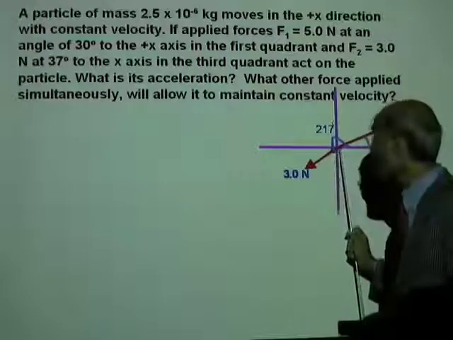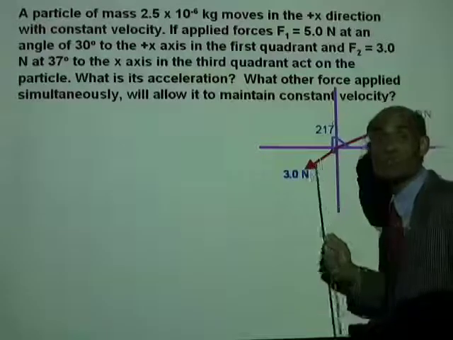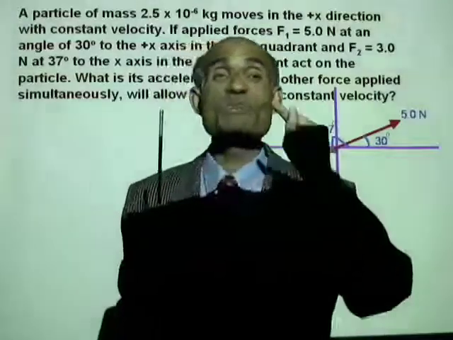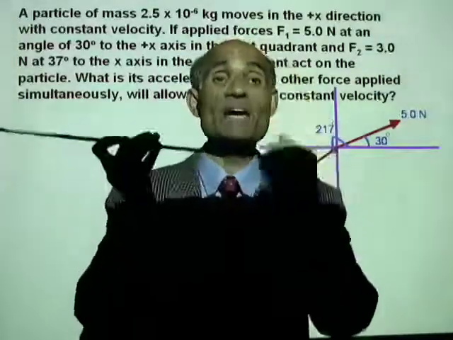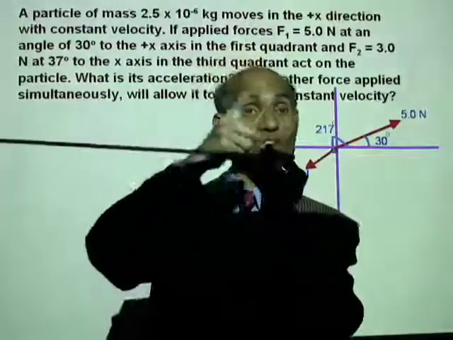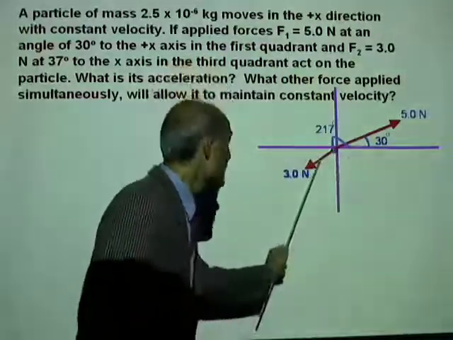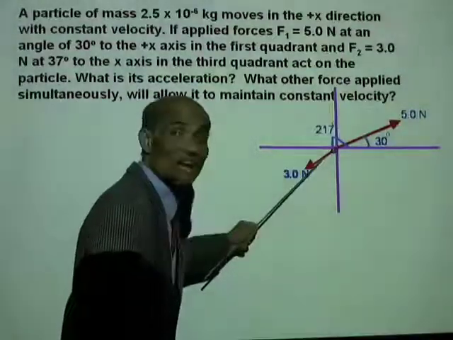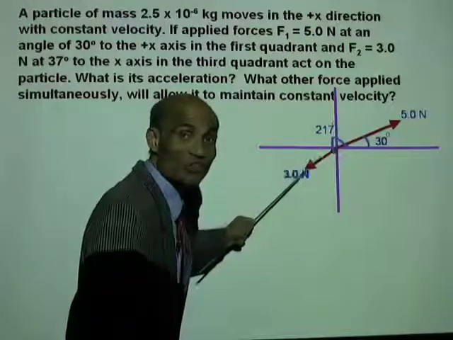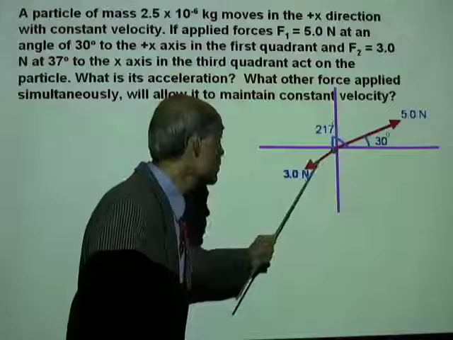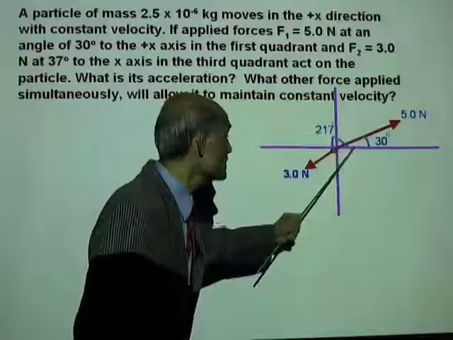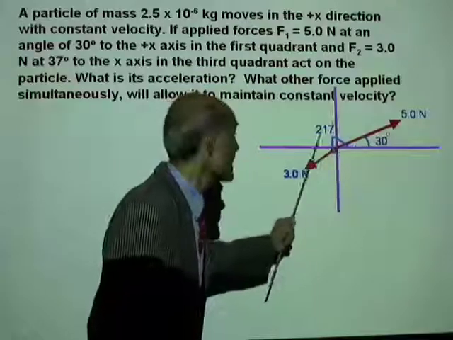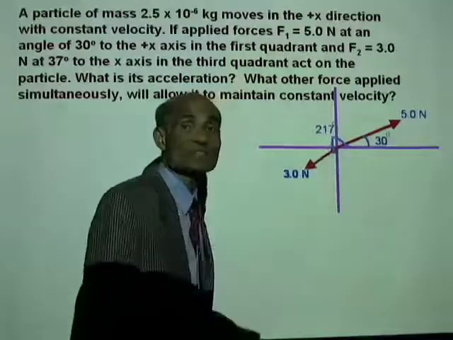Therefore, what is the angle that this makes with the positive x-axis? Remember, all vectors need to be identified with their angle measured from the positive x-axis. If this vector makes an angle of 37 degrees with the x-axis in the third quadrant, then the angle it makes with the positive x-axis is 37 plus 180, that is 217 degrees.